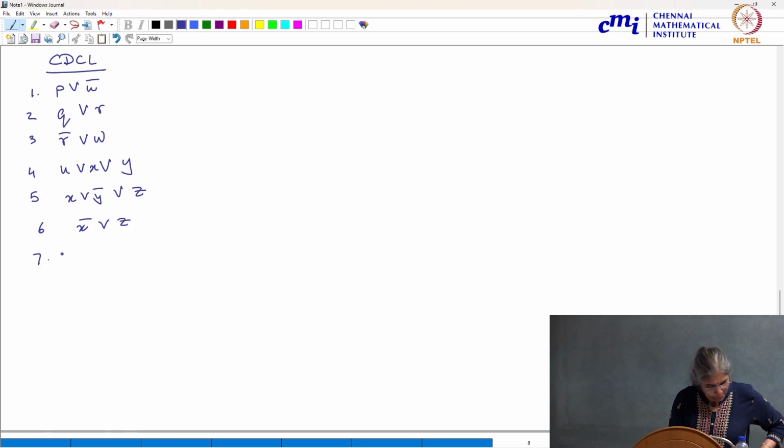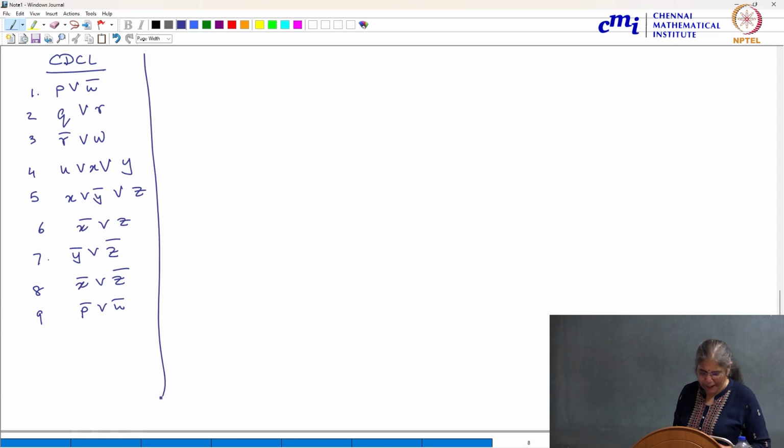Okay, I think we are going to need more clauses to illustrate the features of CDCL. Okay, so let's say this is our formula, 9 clauses. They are not all 2 clauses, some are 2 clauses, some are 3 clauses, and they are mixed, some positive, some negative, all that is happening.